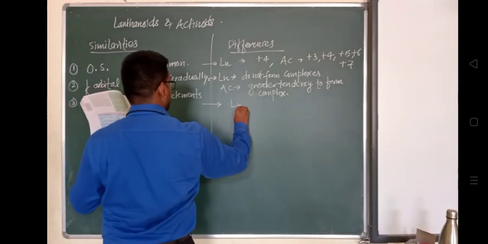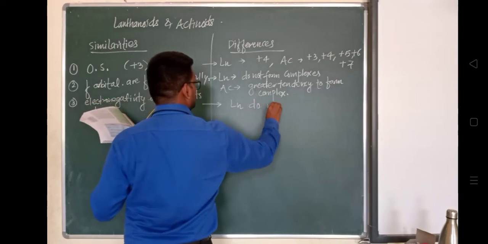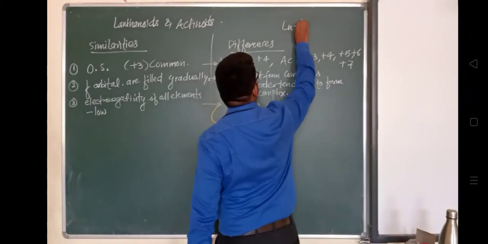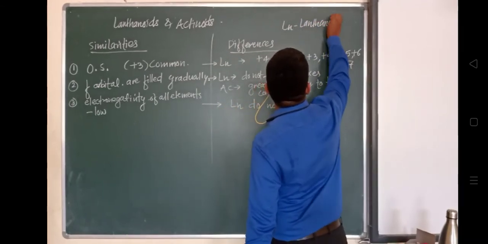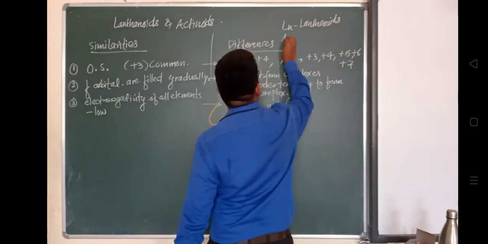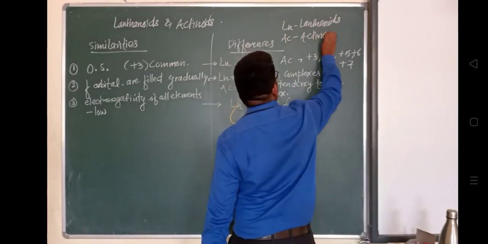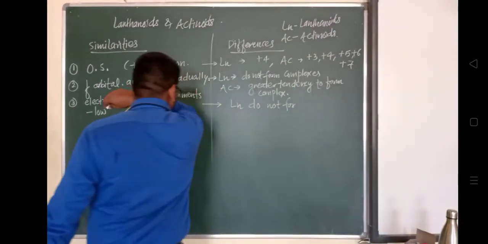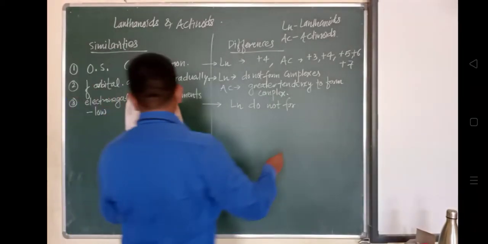What is the meaning of oxocations? Oxo means oxygen, cations are positively charged particles. But actinoids form oxocations.